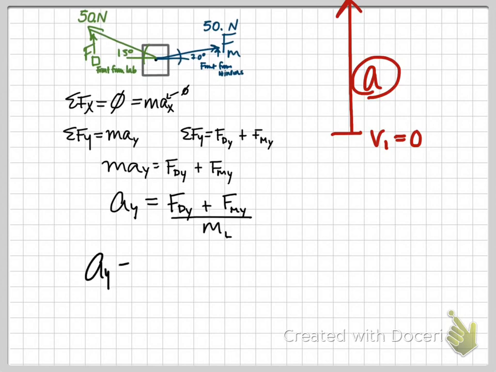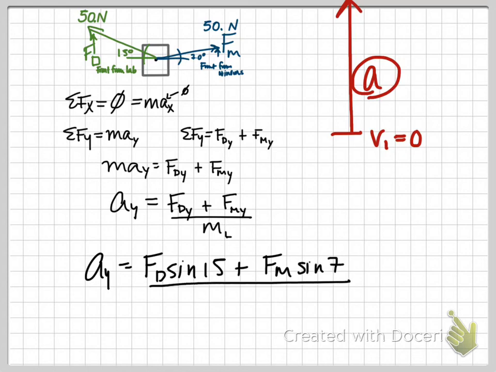So force of Duncan on the y is force of Duncan sine 15, force of Morgan sine 7, all divided. We'll estimate Brady's mass, or Dustin's mass at 75 kilograms.